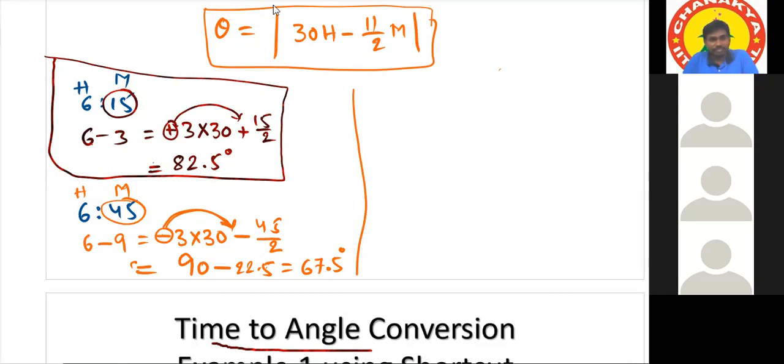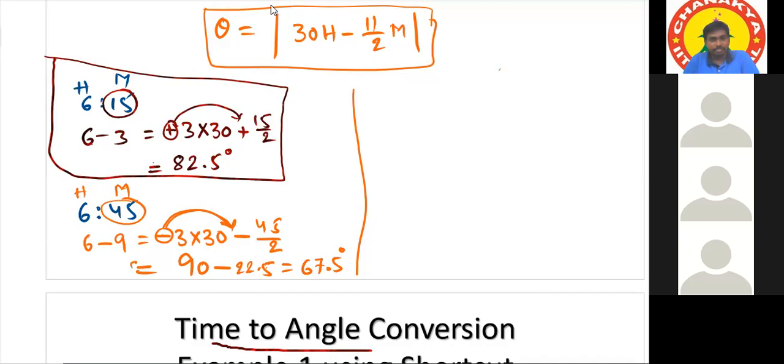Sir, that plus 30/2 is also there. If you ask anyone what is the angle between the two hands at 6:30, they will immediately tell the answer as 0 degree. They think that at 6:30, the hour hand is on number 6 and the minute hand is also on number 6. So that's why it will be 0 degree, but it is not 0 degree actually.